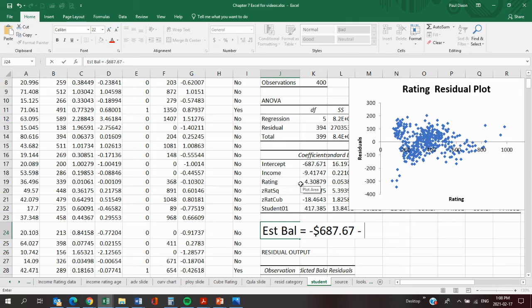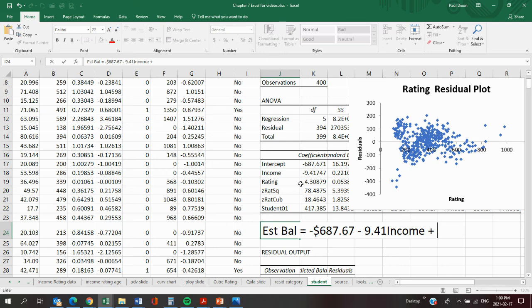Minus 9.41 times the income in thousands of dollars. If I had two customers, and one customer earned $10,000 more than the other, income is measured in thousands, then I'd expect the one with the higher income would have a balance that's $94 less. Strange, but that's because it's correlated with rating.